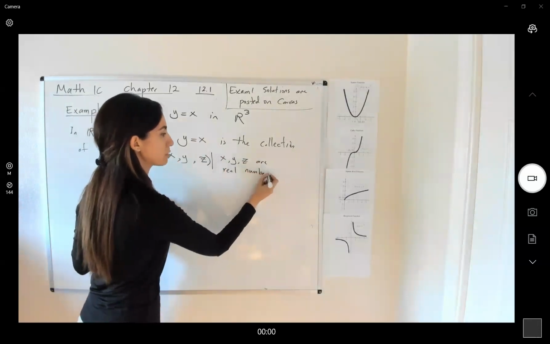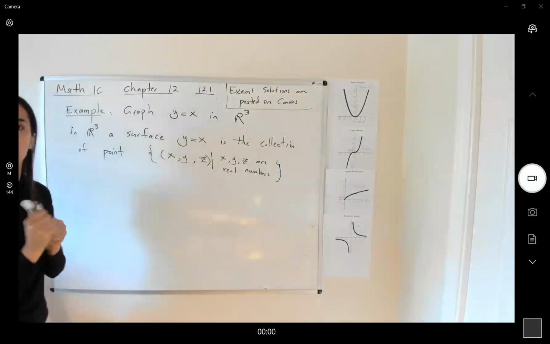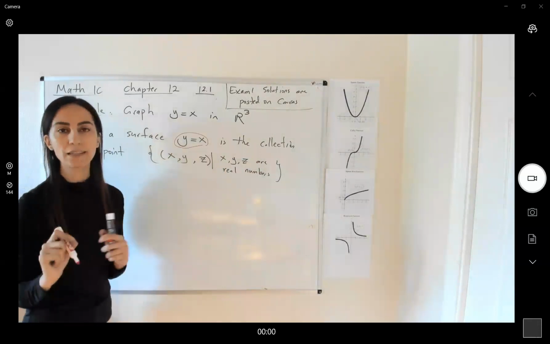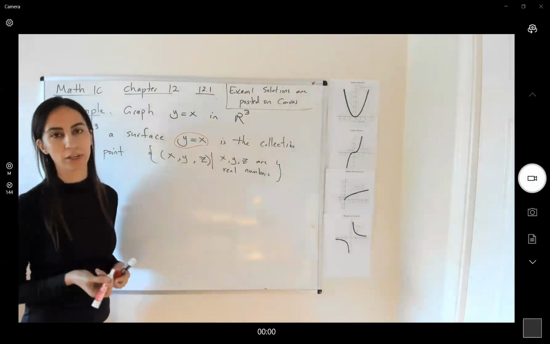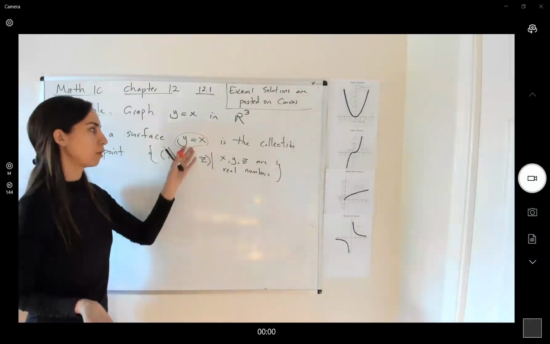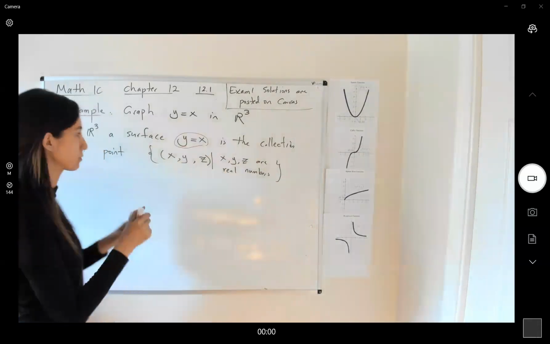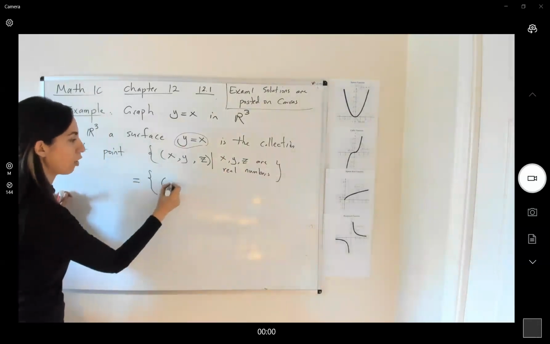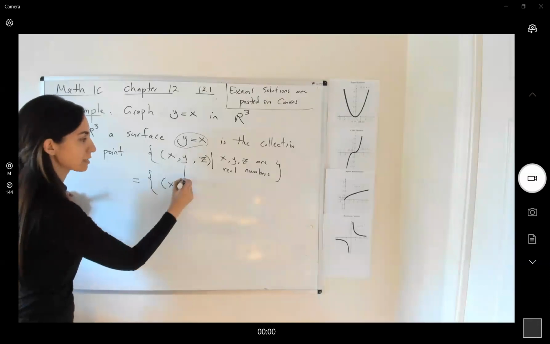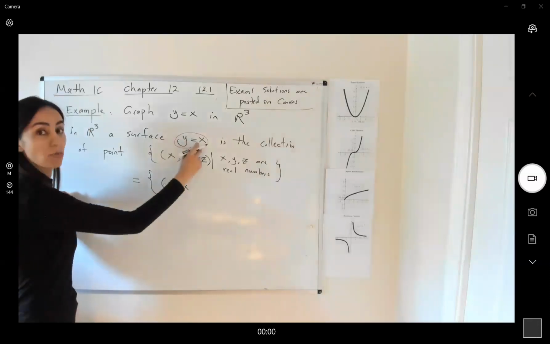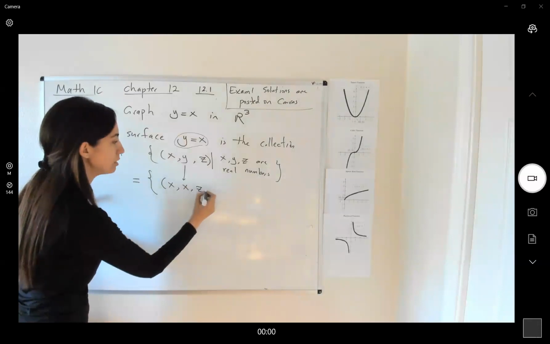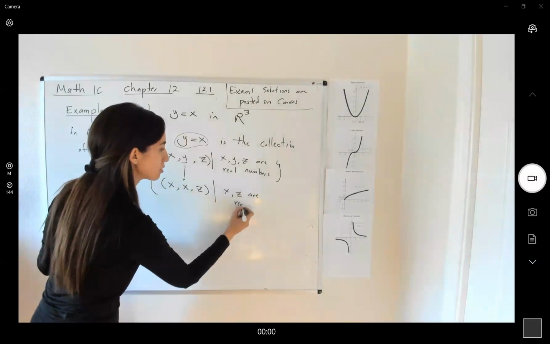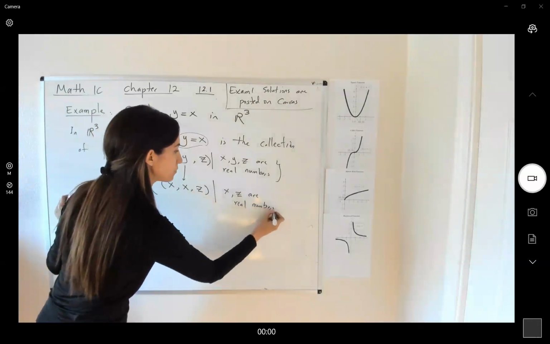So very well, what do I have here? This equation says my x and my y, both of them are the same. Whatever x is, my y is the same as that x. So this set is the set of all points x, instead of y I'm going to write x because y and x are the same, comma z, such that x and z are real numbers.